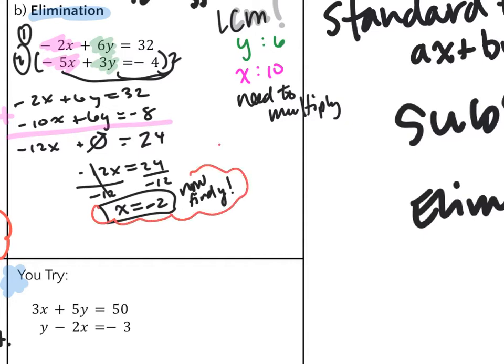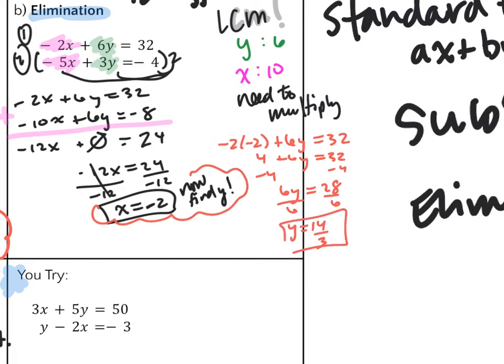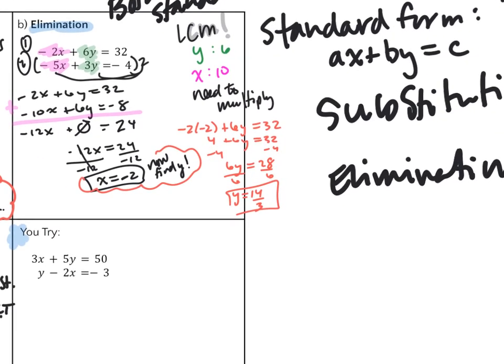Okay, so negative 2 times negative 2 plus 6y equals 32. 4. Take away 4. Oh dear. 28. Oh no. Is this a fraction? I don't like this at all. 14/3. I don't love that, so I'm going to check the other one, because I'm solving for y.